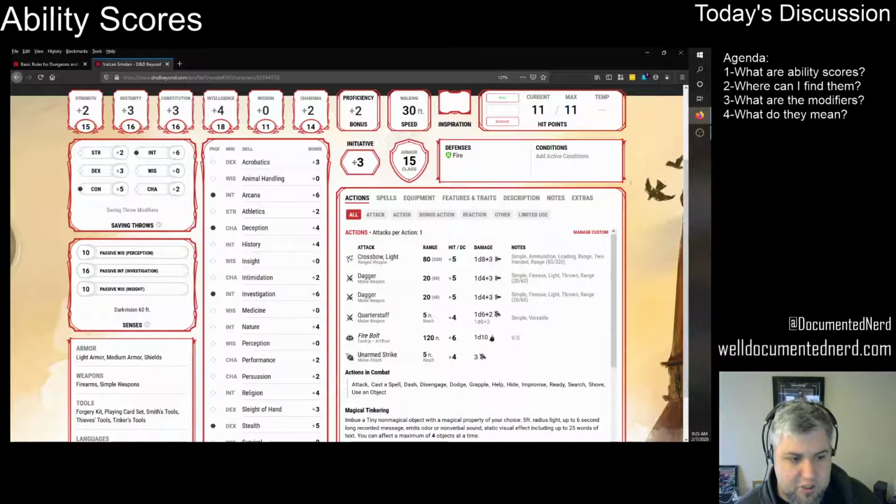They are perception and insight. Perception is my ability to notice something around me. Like, do I notice the people moving in for the ambush? Do I notice that loose floorboard when I walk in? Insight is my ability to guess at the motives of somebody. So, like, when you're talking to somebody, do I really believe this guy? Do I really believe this lady?